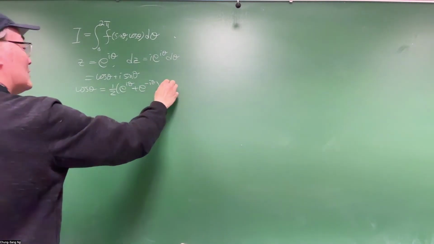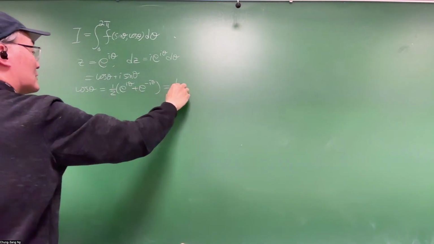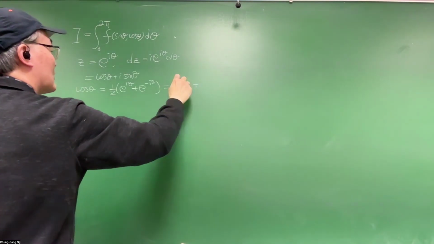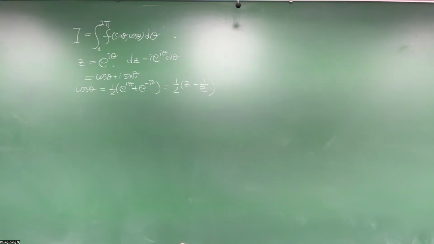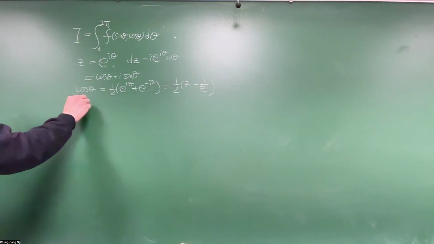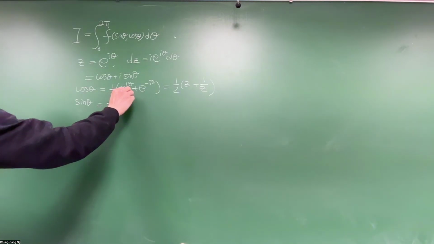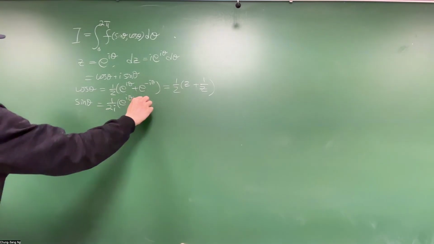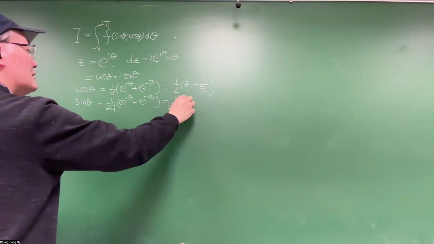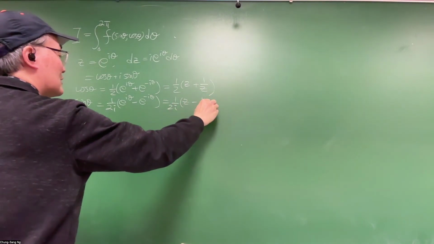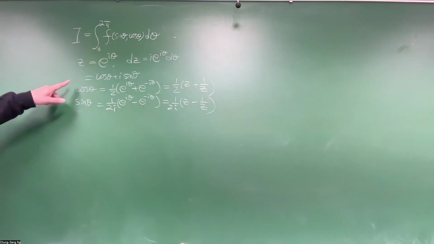In this case, we substitute z back to here, so it's z plus 1 over z over 2, and z minus 1 over z over 2i. Okay, so that's straightforward.